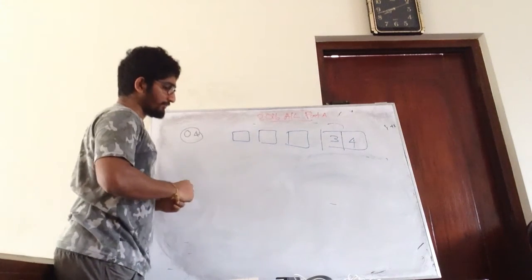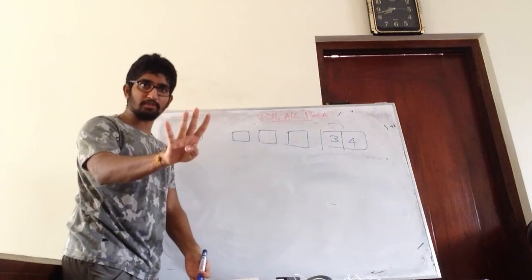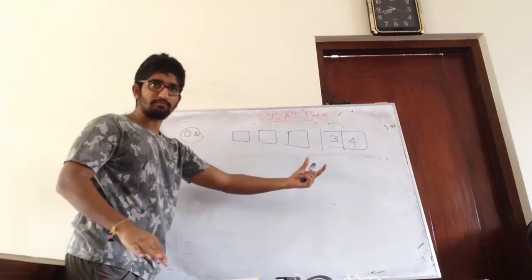So now we should consider that there are only 4 numbers, because these two are together now.